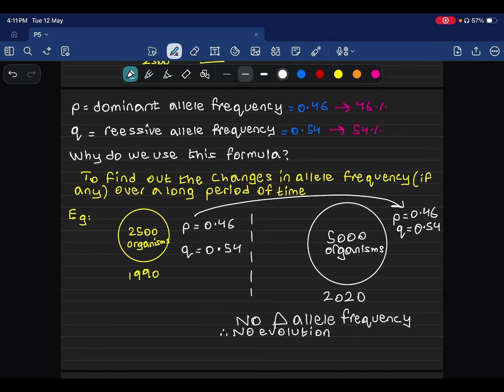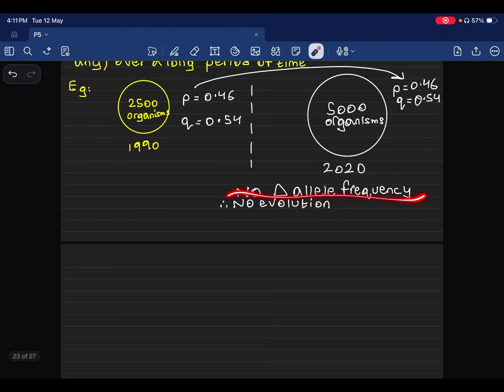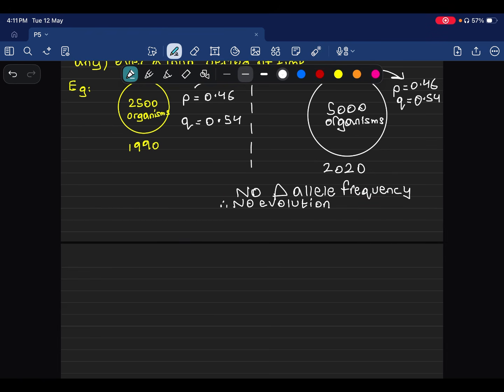Evolution was basically a change in the allele frequency in the total population. If the dominant allele frequency had increased, or the recessive had increased, then we would say that yes, there is a change in the allele frequency, meaning that evolution would have taken place. But because there is no change here, it means that no evolution takes place in this case.